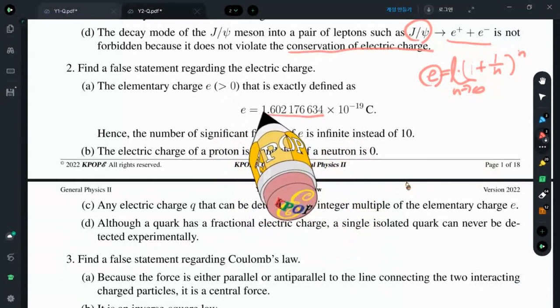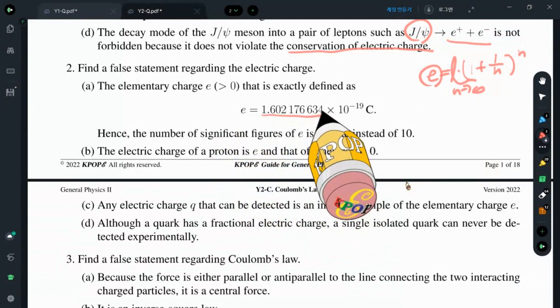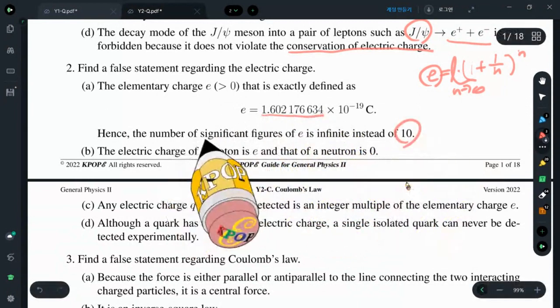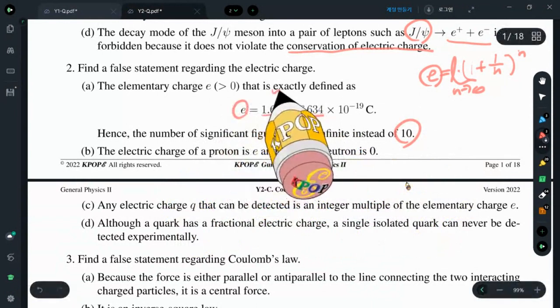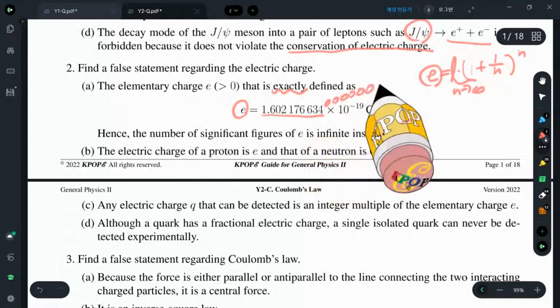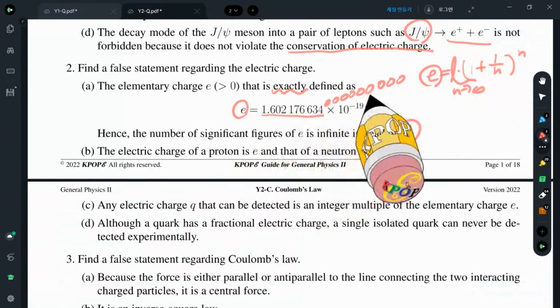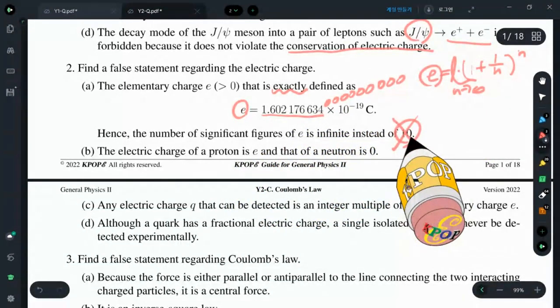The number of digits: 1, 2, 3, 4, 5, 6, 7, 8, 9, 10. It looks like there are 10 significant figures. However, it is exactly defined. It is hidden. The 0 appears to infinity. So this is the exact number. It is not 10 significant figures.